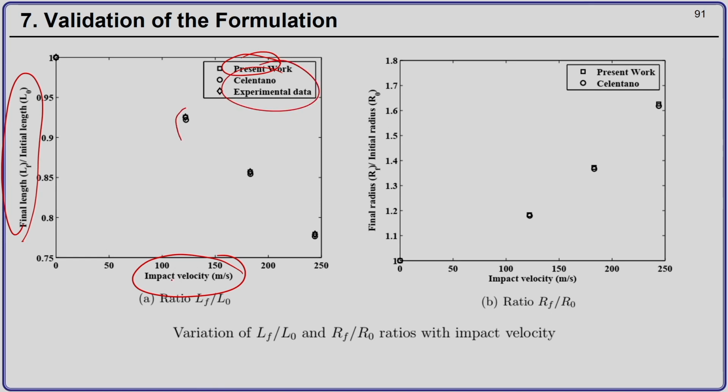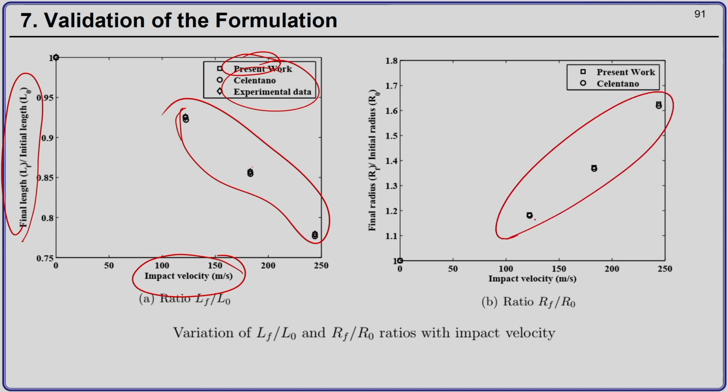We see that for 122, 163 and 244 meter per second, our results match well with the experimental and numerical results of Celentano. This is the ratio of the radius of the rod at the impact phase divided by the initial radius.